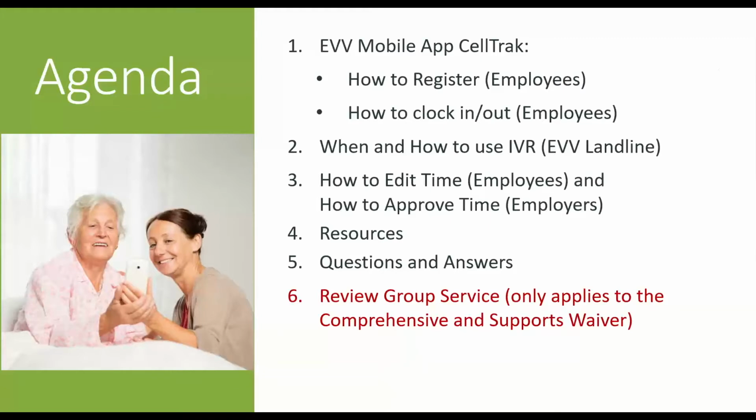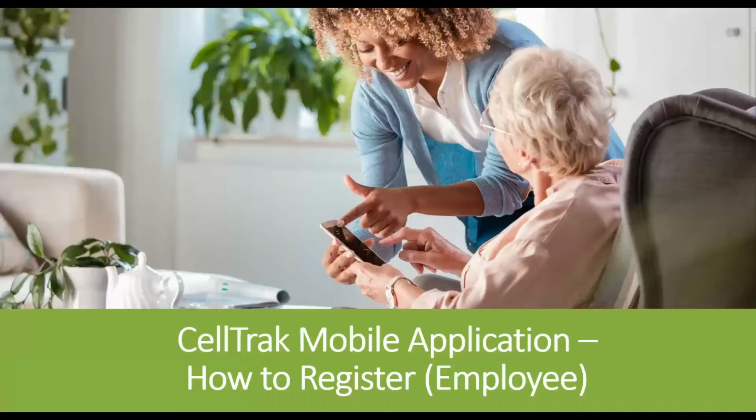All right, so let's dive in. Let's start with CellTrack, the mobile EVV application, on how to register. If you need any support on how to download the EVV mobile application, we do have a user guide that talks about how to download this directly to your smartphone, your smart device. Once it's been downloaded, the worker, the employee, is going to be the one that registers.